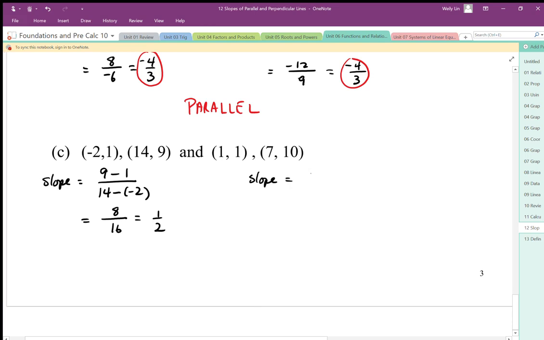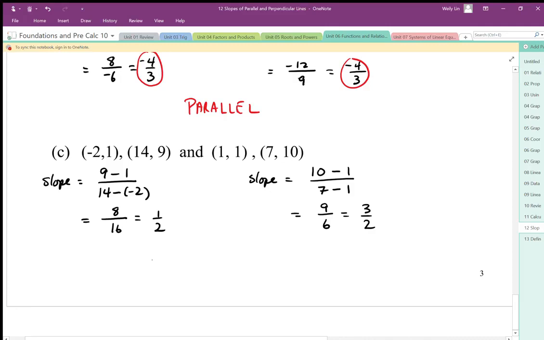Using the slope here, 10 minus 1 over 7 minus 1. Make sure the ones are on the same side here. I end up with 9 over 6, and that simplifies to 3 over 2. So these are not parallel nor perpendicular.